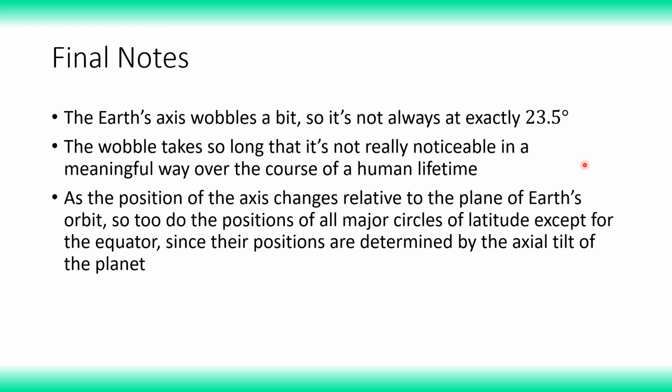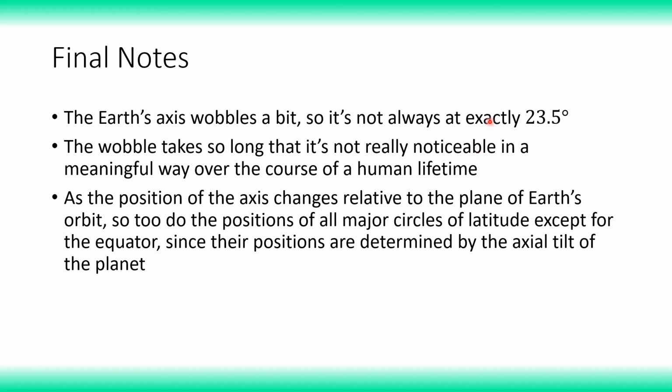But because it does wobble a little bit, the position of the axis relative to the Earth's orbit, because that's how we measure that 23.5 degree angle, we needed to measure it relative to something. So as the position of the axis changes relative to that plane, all the positions of the major circles of latitude, except for the equator, will also change, because everything besides the equator has its position on the globe depend on the tilt of the Earth's axis.